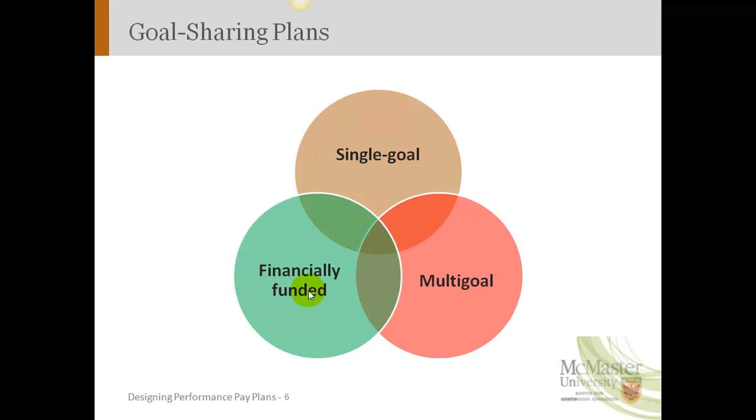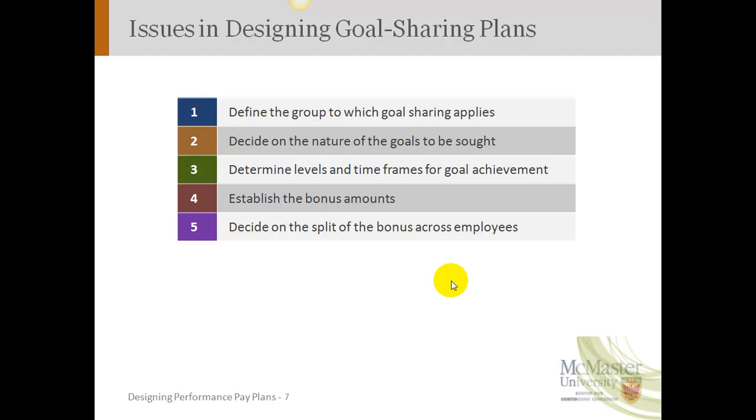We saw earlier in our discussions where, say, banks like the Royal Bank, they would use the financially funded system, whereby they would have multiple goals, which they would fund through a percentage of profits that the company might earn in the upcoming quarter or in a division or whatever, and then make that available to employees based on the degree to which they've achieved the goals. Okay, so that's basically the kind of goal sharing plans that a company could put in place.